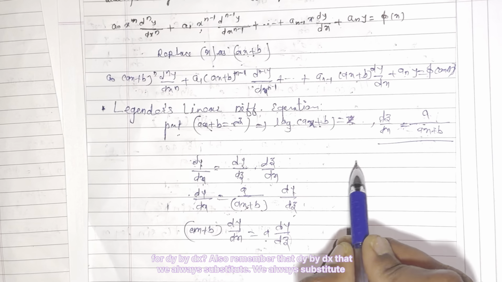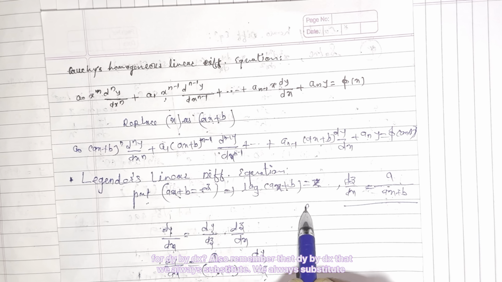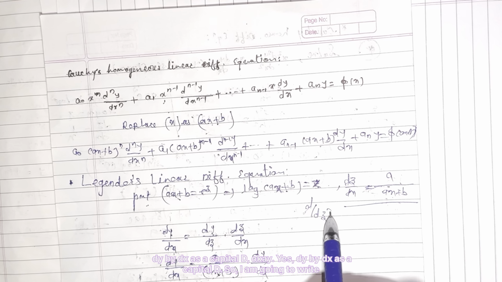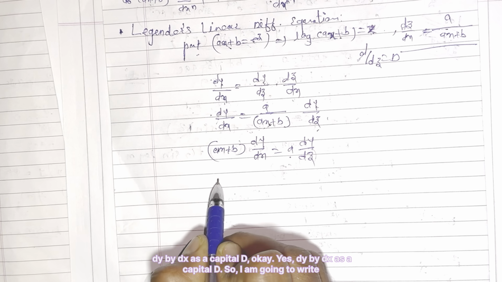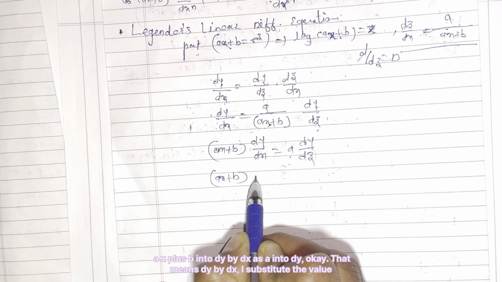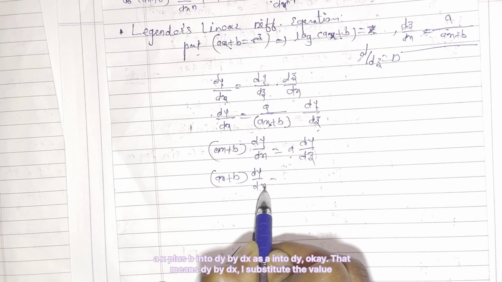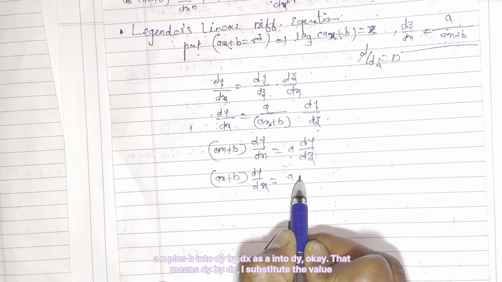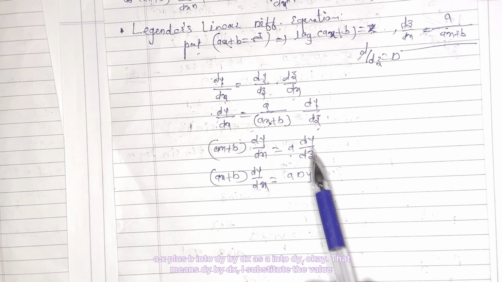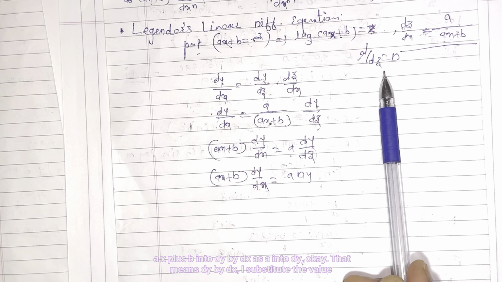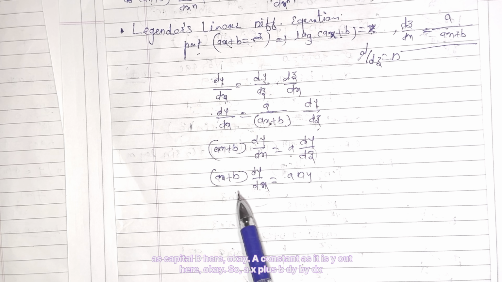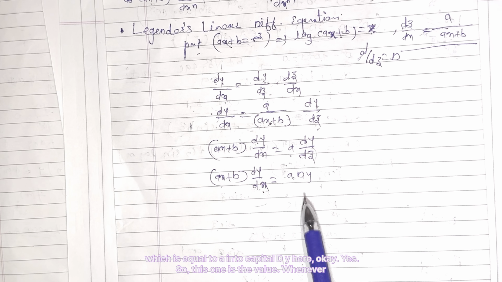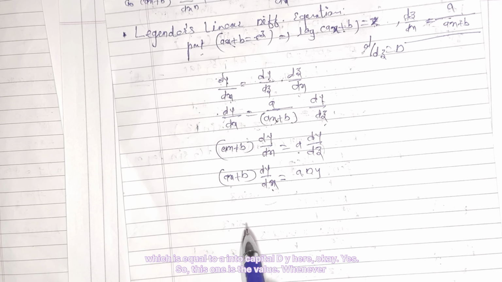Also remember that d by dz we always substitute as a capital D. So I write ax plus b into dy by dx as a into capital D y. Here a is a constant, as it is, and y out here. So ax plus b dy by dx is equal to a into capital D y.